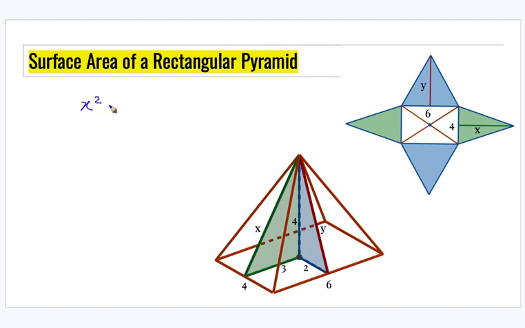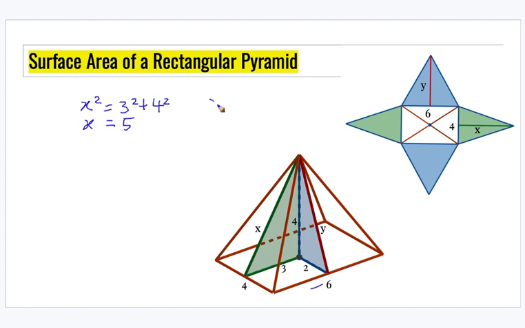So x squared using Pythagoras theorem equals half the base of the rectangle, which is 3, plus the height of the pyramid, which is 4, and x works out to be 5.